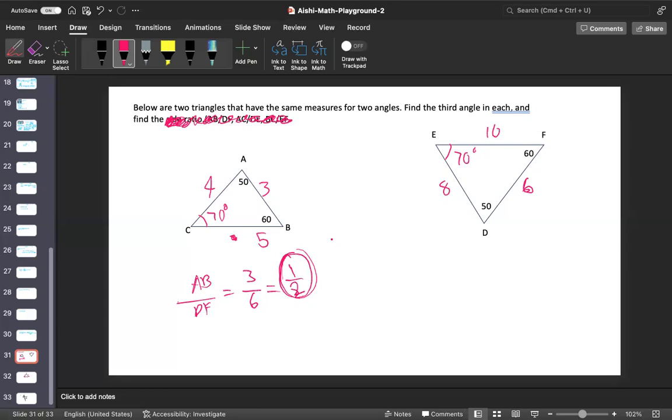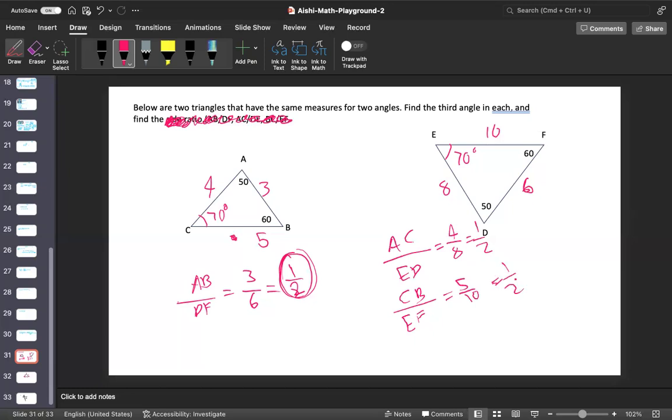Oh, and if two figures are similar, you're sure that the side ratio for all three sides are the same. Because if we take AC divided by ED, that would be 4 by 8, which is also 1 by 2. And then if you take CB divided by EF, that is equal to 5 by 10, which is 1 by 2.